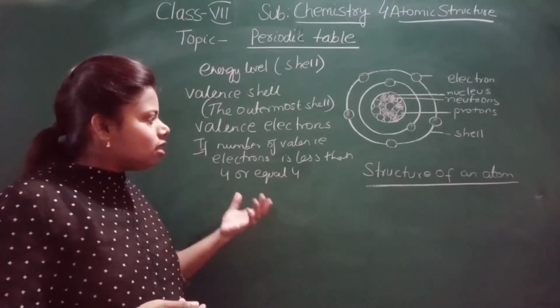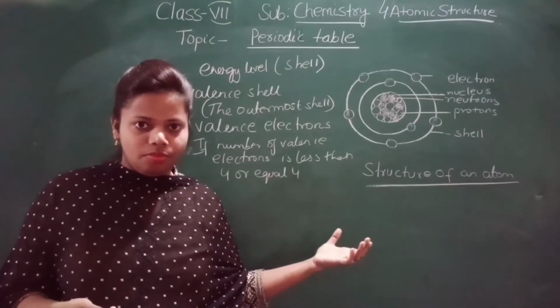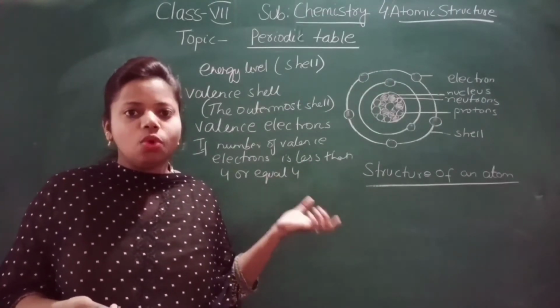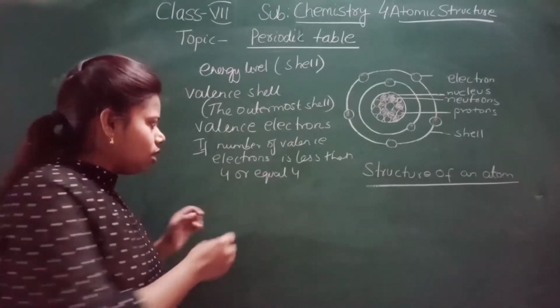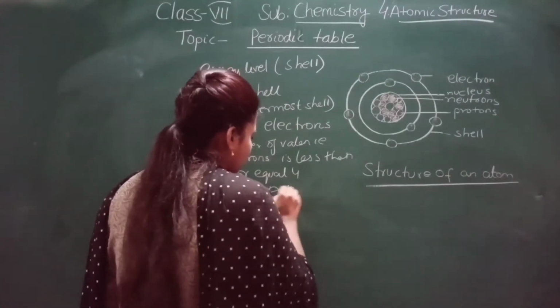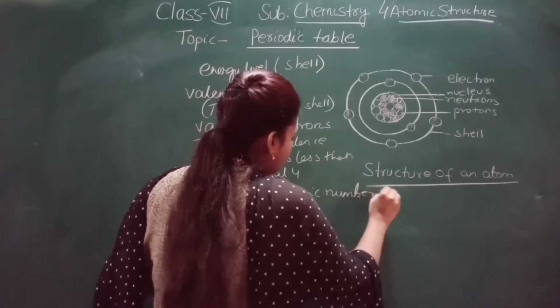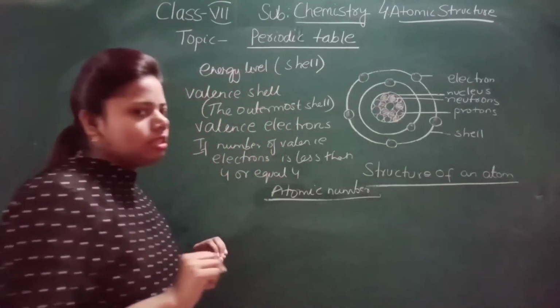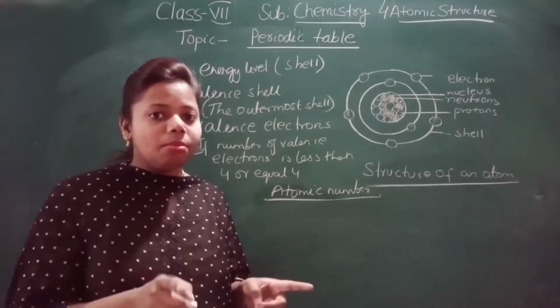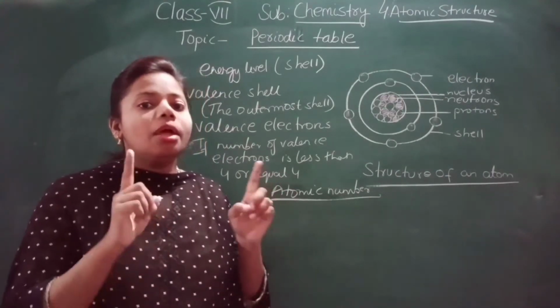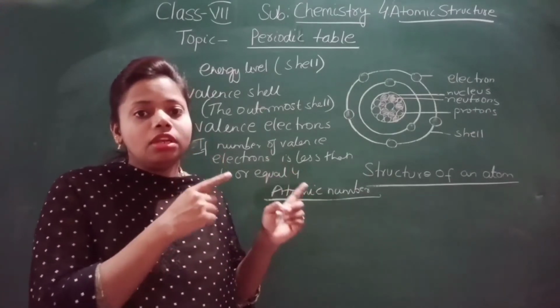Now let us learn the second term, that is atomic number. So what is this atomic number? Atomic number means the number of protons present in an atom of an element.